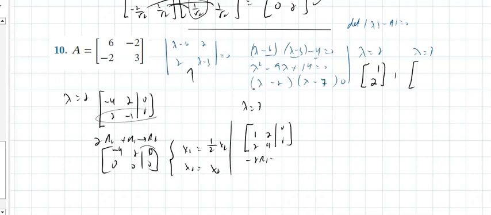Take negative twice row 1 plus row 2 in row 2. Negative 2 plus 2 is 0, negative 4, there you go. So here we have x2 is 3, and x1 is negative 2 x2. Here they are.